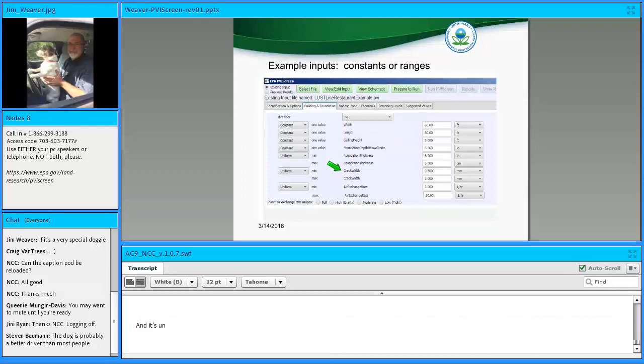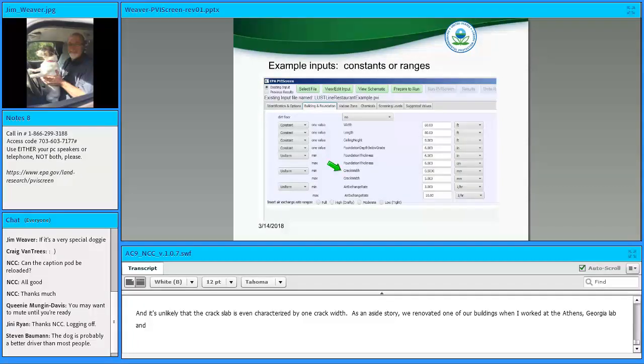As an aside story, we renovated one of our buildings when I worked at the Athens, Georgia lab, and the maintenance guy pulled off all the flooring, and so you could see this exposed slab that was 35 years old, and it had a very fascinating crack pattern.